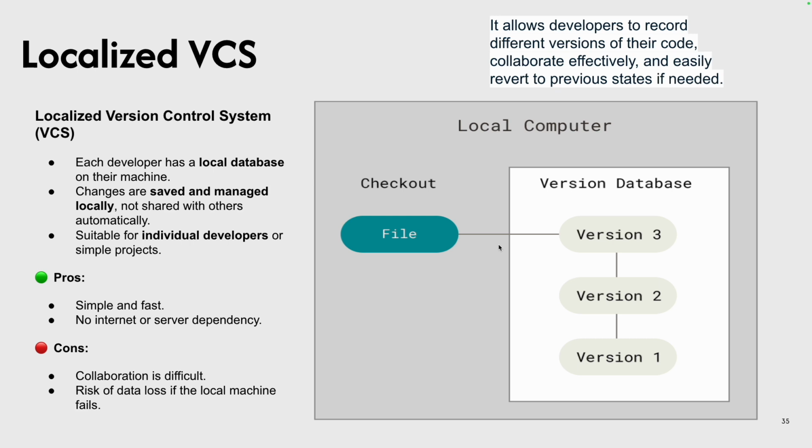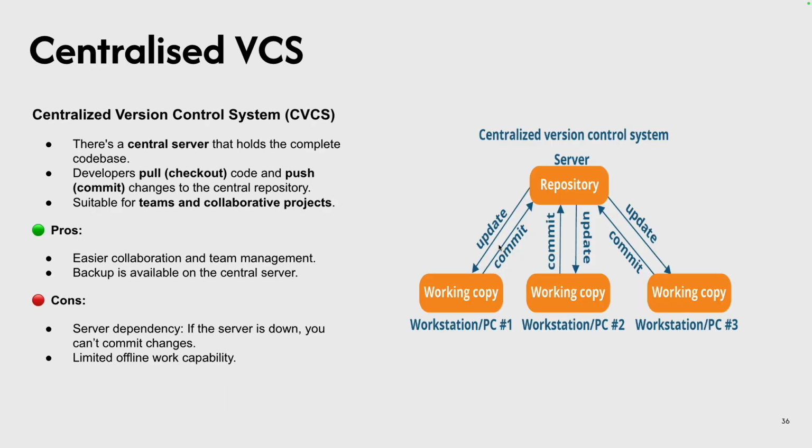To mitigate these cons, the centralized repository is there. In a centralized repository, there is a central server that holds the complete code base. From your local repository, you are committing to the centralized repository.